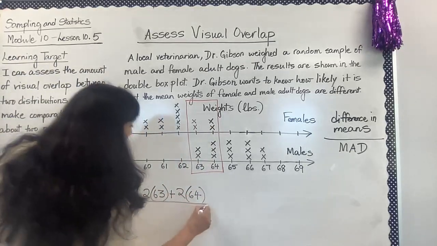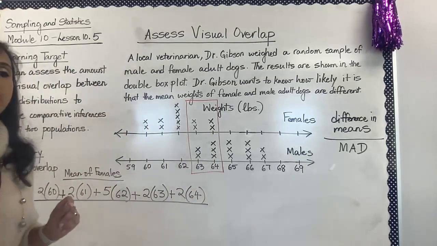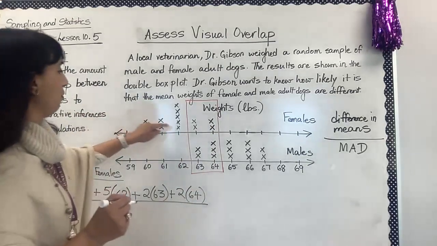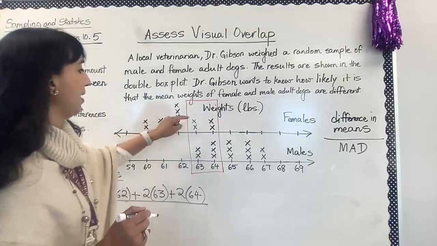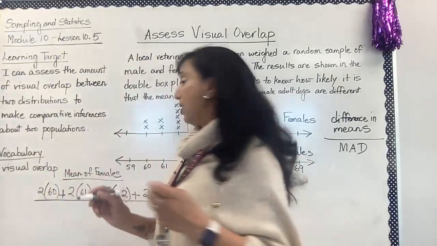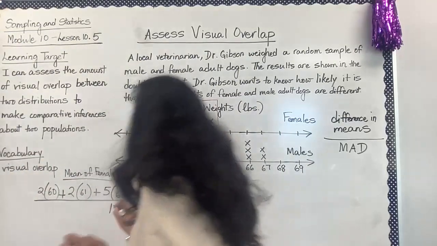Then we are going to divide this by the total number of data values: 1, 2, 3, 4, 5, 6, 7, 8, 9, 10, 11, 12, 13. So we're going to divide this by 13.